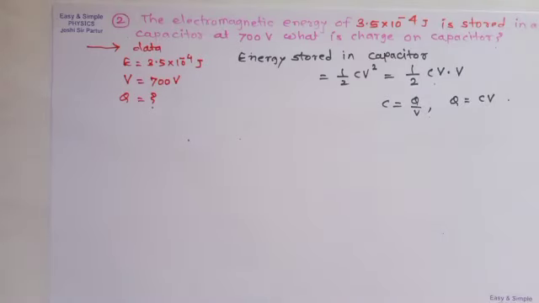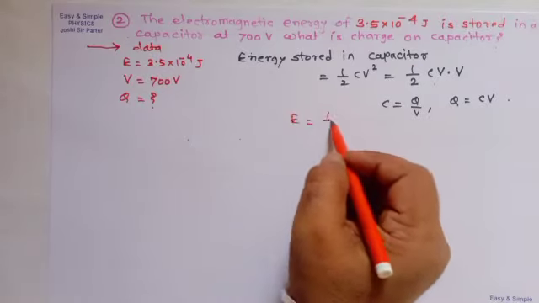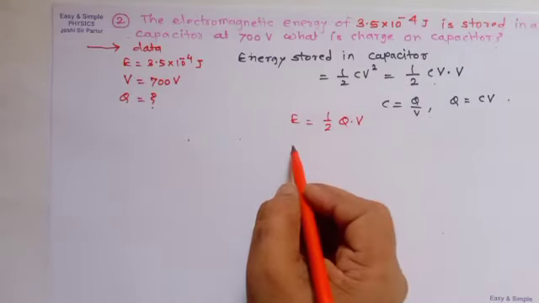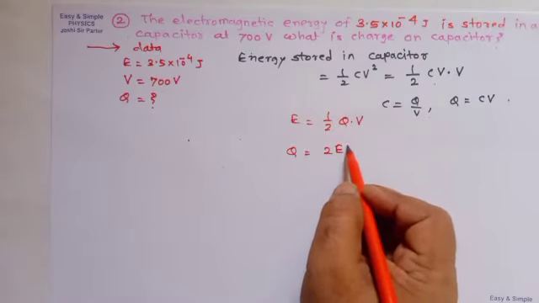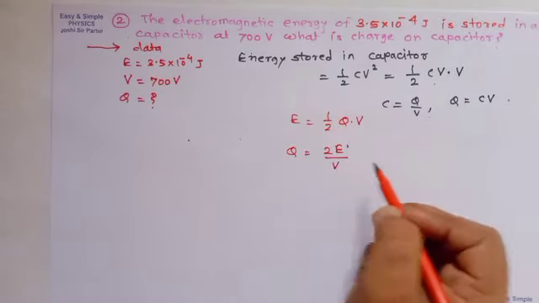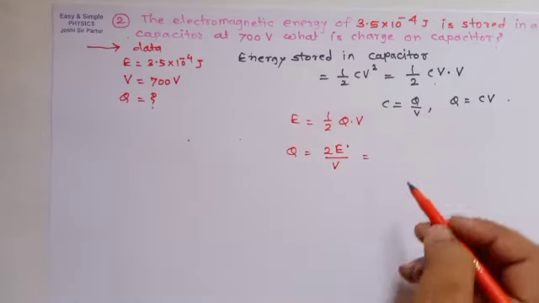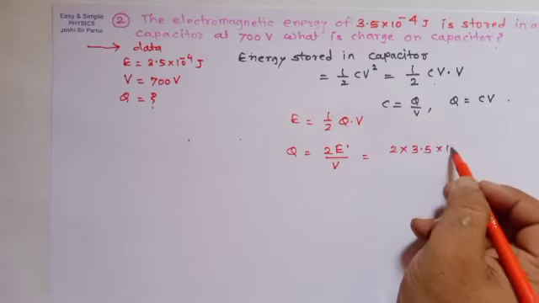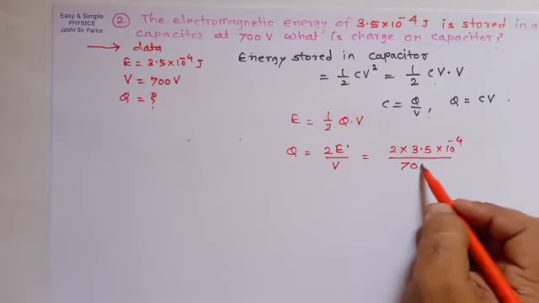If we substitute the value of Q, energy E is equal to half Q into V, and therefore Q is equal to 2 times energy upon V. Substitute the values: 2 multiplied by 3.5 into 10 to the power minus 4 divided by 700.